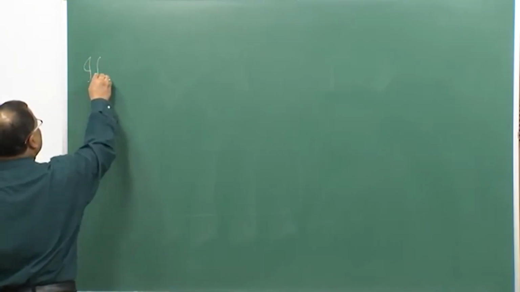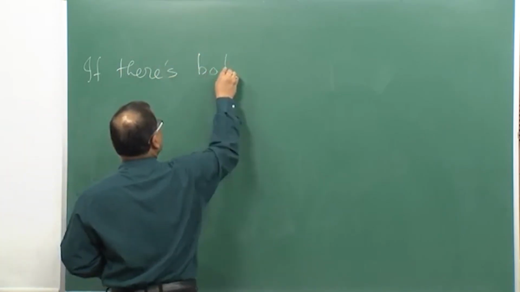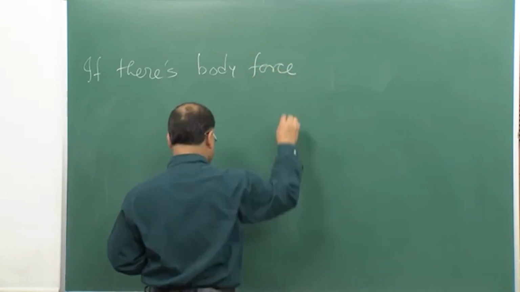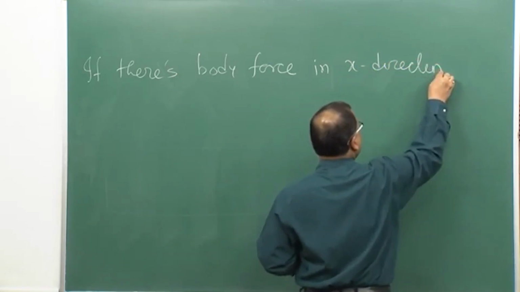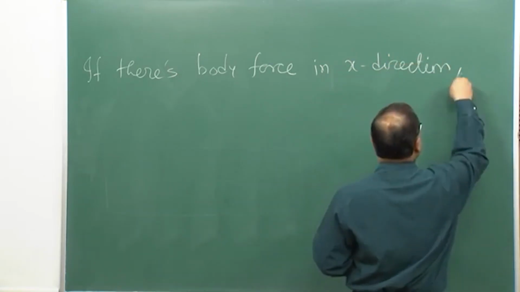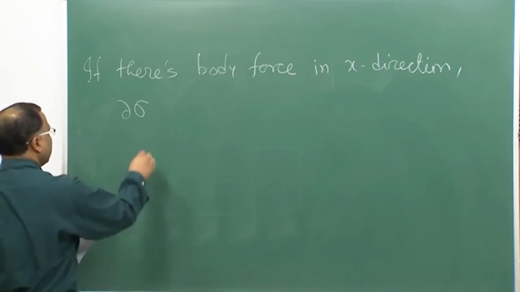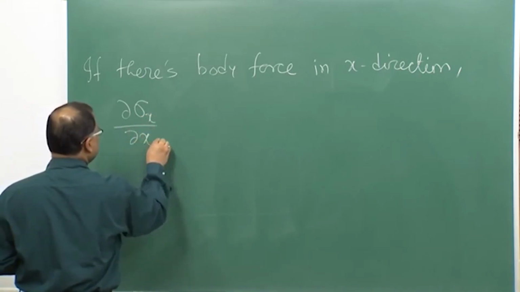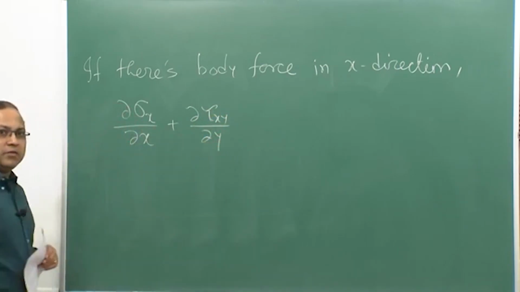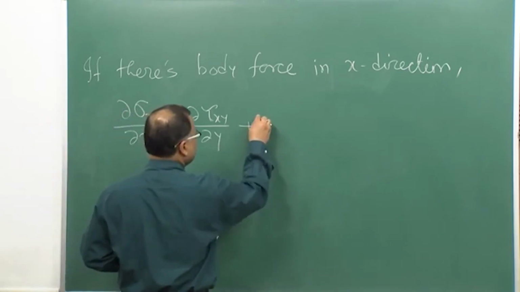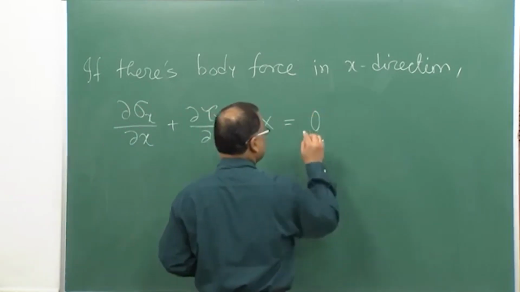So, if there is a body force in the x direction, then equation 1 will be modified as del sigma x by del x plus del tau xy by del y, up to that we have derived already, plus this body force term, depending on the direction of course, must be 0.